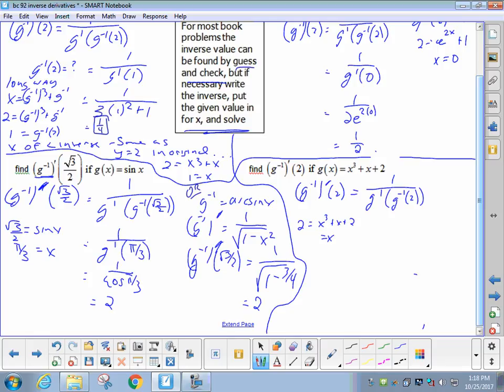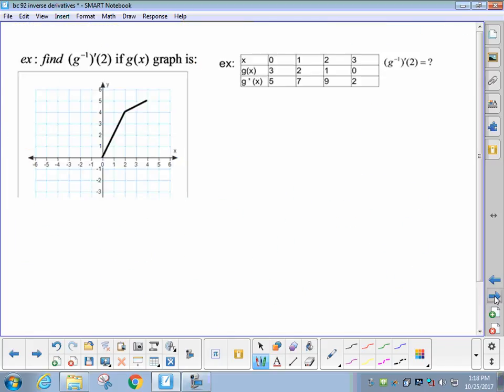Ready? What was your inverse value? 0, true. So 1 over the derivative is 3 times 0 squared plus 1, so 1. Okay? Questions? All right, let's look at this from slightly different angles.